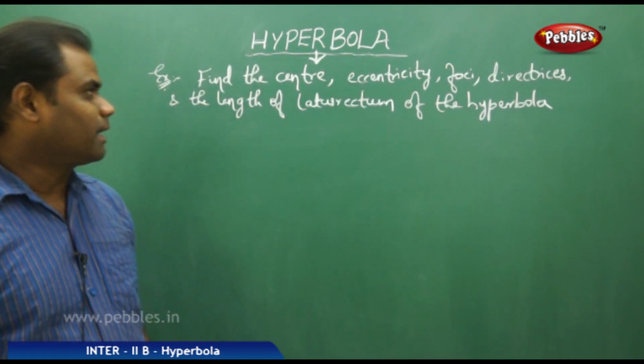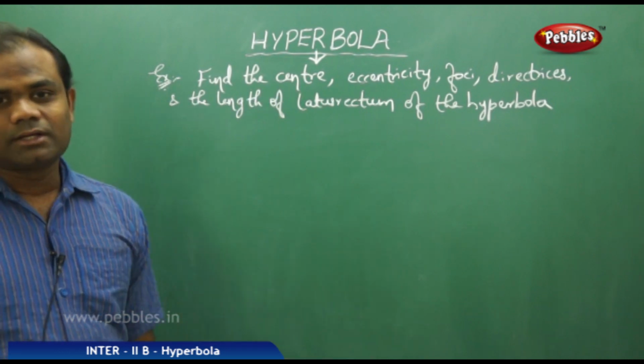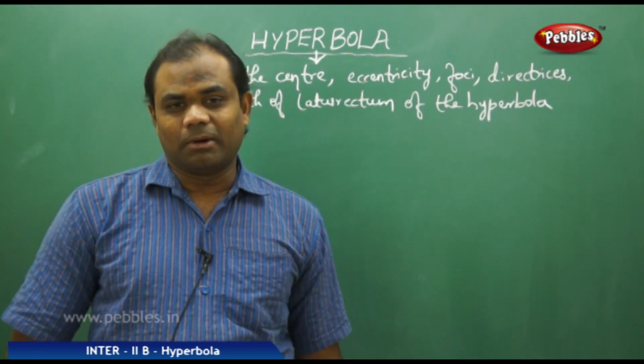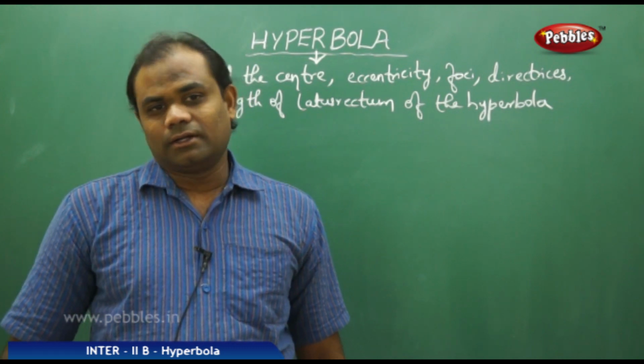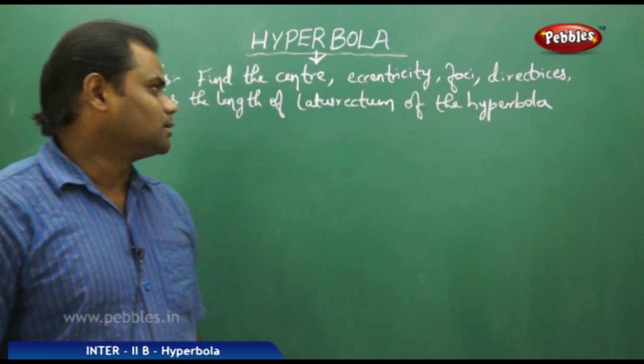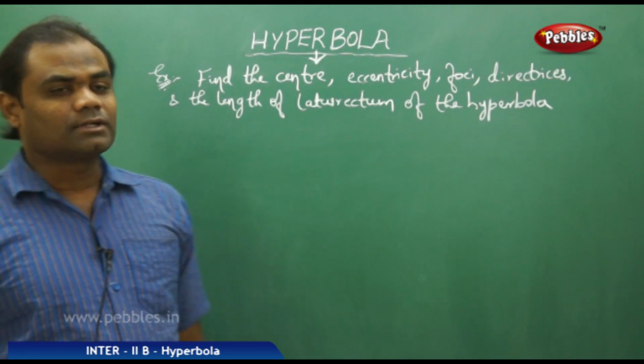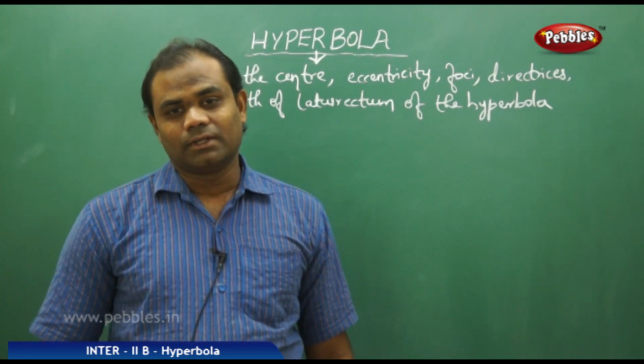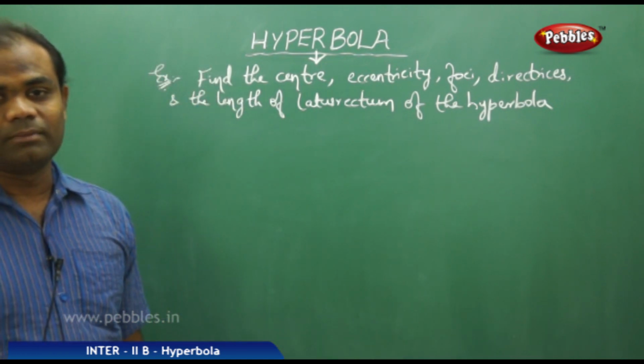Now let's do one practice problem to understand the concept of hyperbola better. We have discussed eccentricity, foci, latus rectum, vertices and other properties like length of latus rectum for the hyperbola in standard form and non-standard form. Let's apply them in some problems.